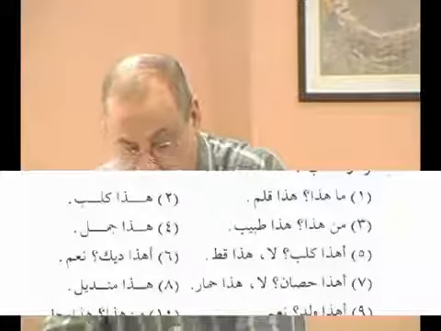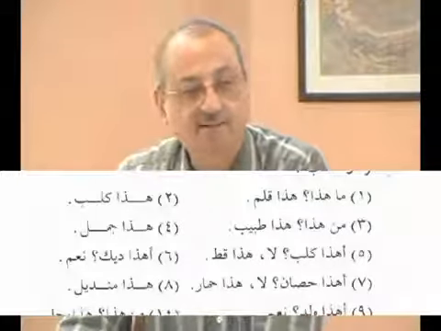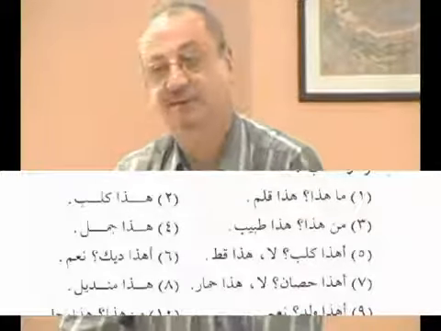Okay. Number 2, hada. Now, brothers and sisters, I found this very difficult, and if you find it difficult, I think it's okay. It's normal, because the vowel signs are not given. So we've got to remember the vowel signs.